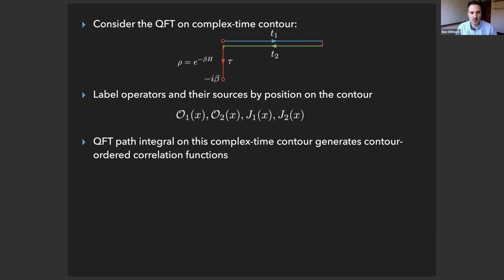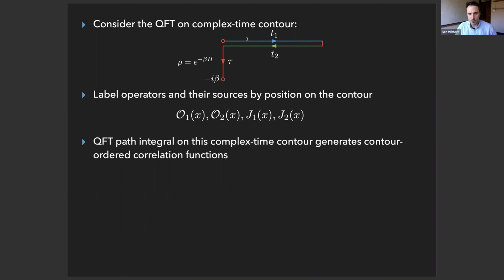We can see that because time evolution in this Euclidean direction corresponds to inserting this e to the minus beta H density matrix. So this Euclidean time circle prepares our initial thermal state, and then we go forward in time and have some sources or insertions on these Lorentzian pieces, and these sources and insertions will compute our correlation functions.